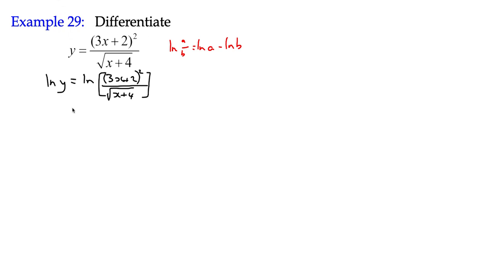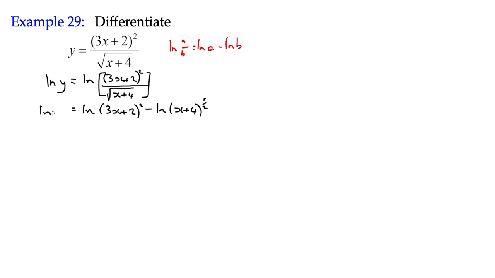So I can rewrite that right hand side as the natural log of (3x + 2) squared, subtract the natural log of the square root of x + 4. I'm going to write that as a fractional index, because that's going to help us.